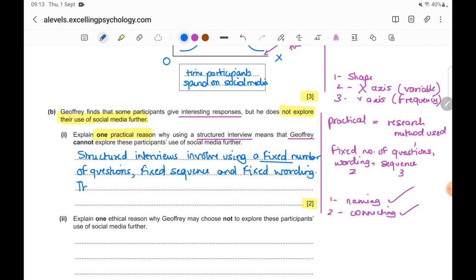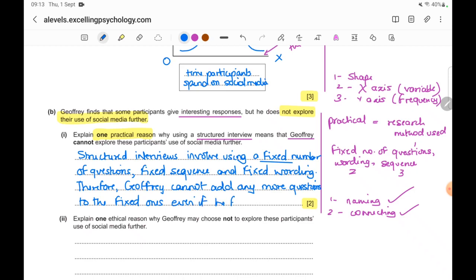Therefore, Jeffrey cannot add any more questions to the fixed ones, even if he finds some responses interesting.